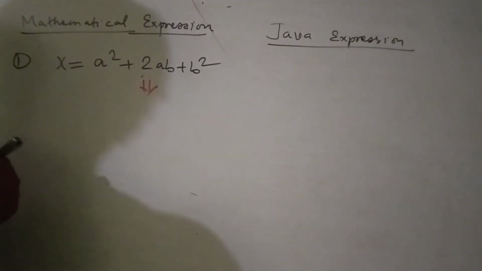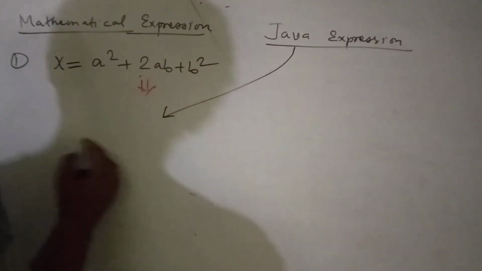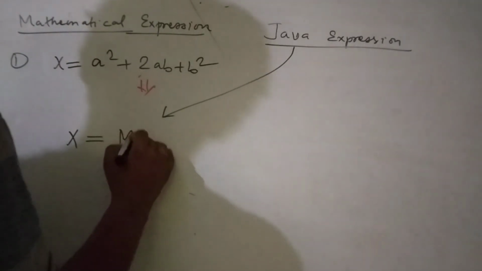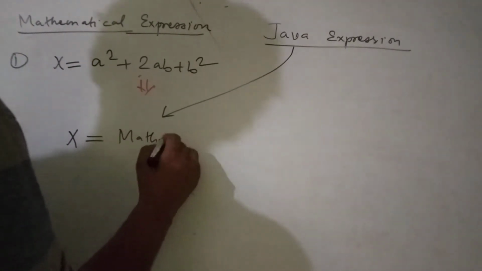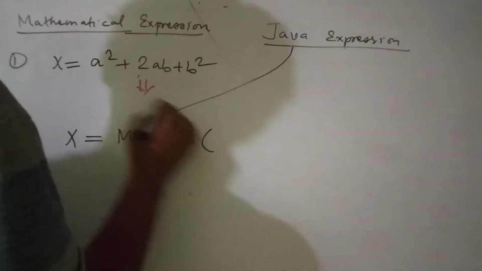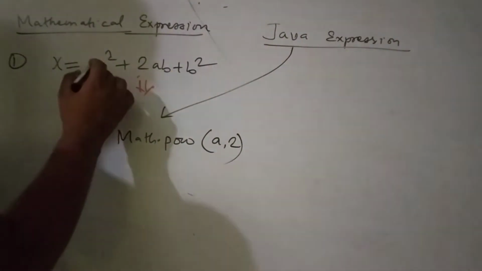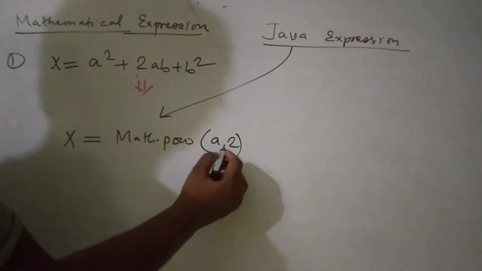So x is equal to, this square can be written as Math.pow(a, 2). If it is a to the power 3, you can do a comma 3.